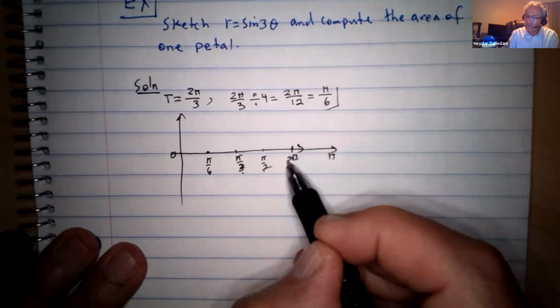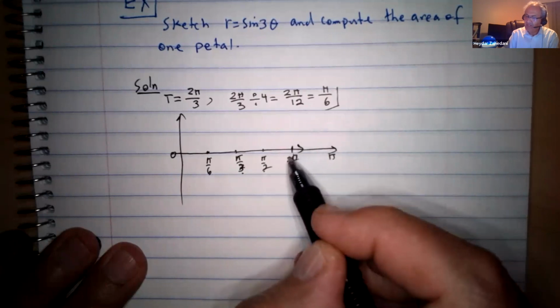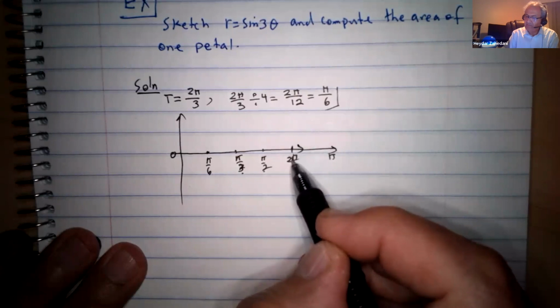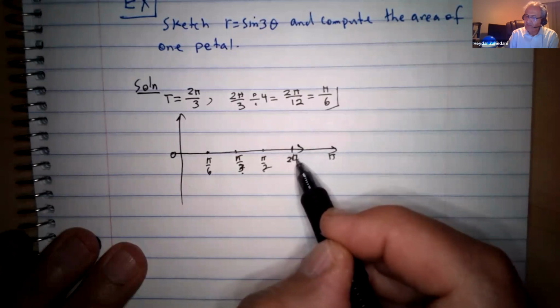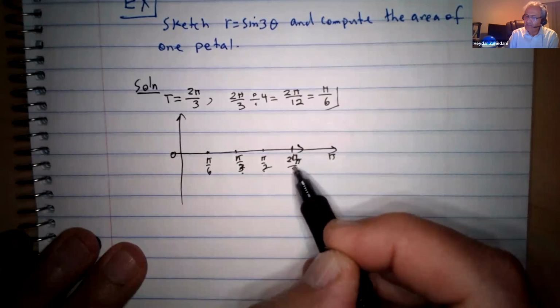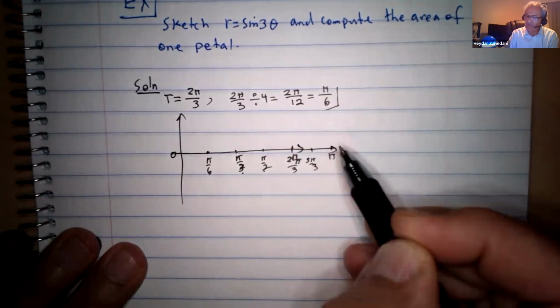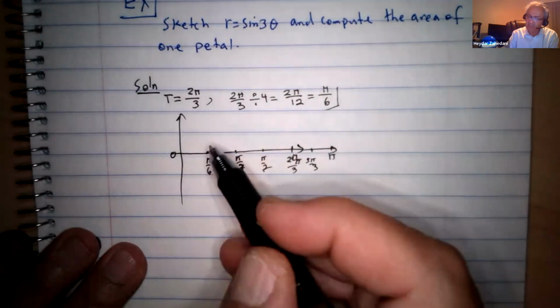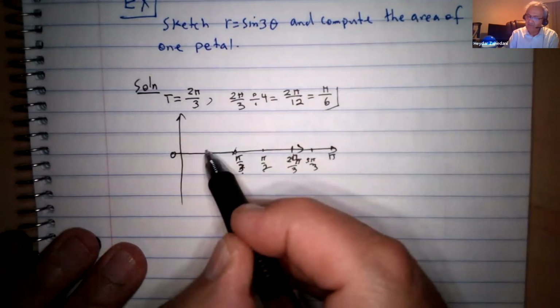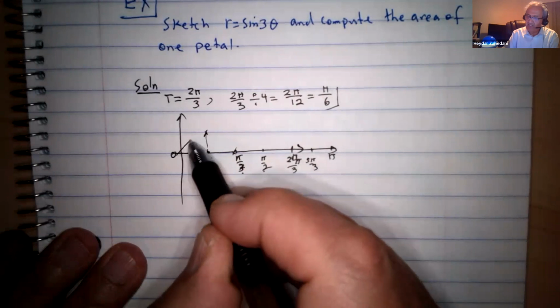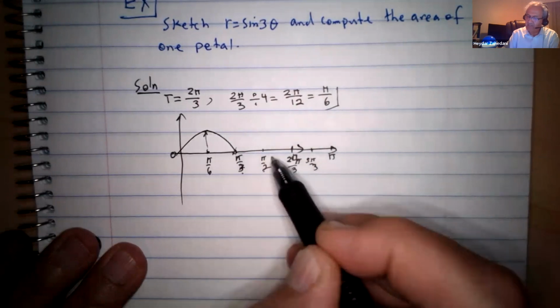So this is going to be 120, which is going to be 2pi/3, 150, and to the pi, for example. You don't need it, I just give you an idea. It's a sine function. You know that the sine is going up, down.